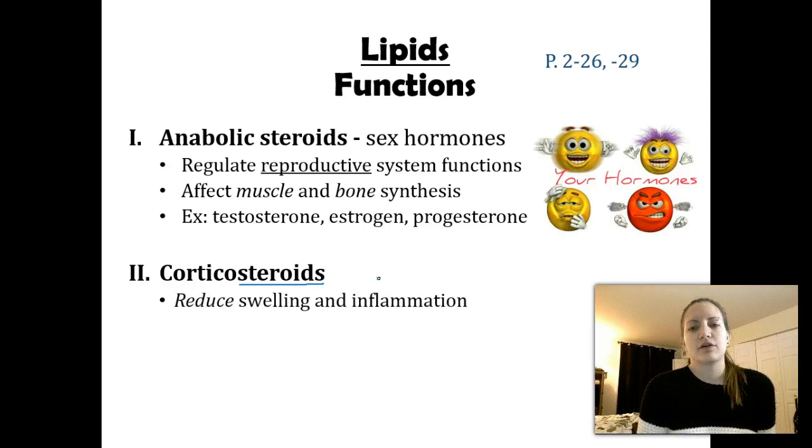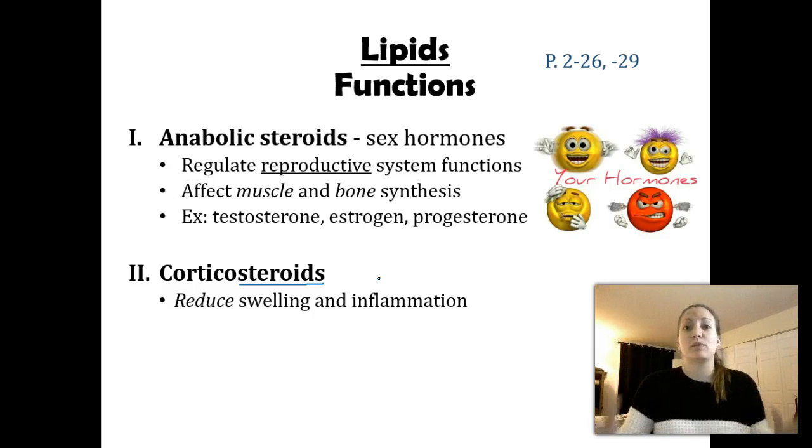So think of corticosteroids as kind of doing everything else in our body. So the anabolic steroids are the ones controlling anything reproductively related, and corticosteroids are dealing with just the daily maintenance of our body. So one of the things they do is they reduce swelling and inflammation.